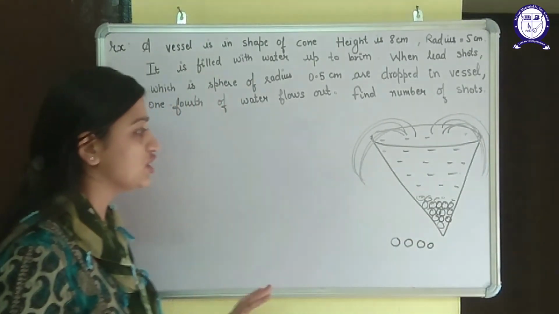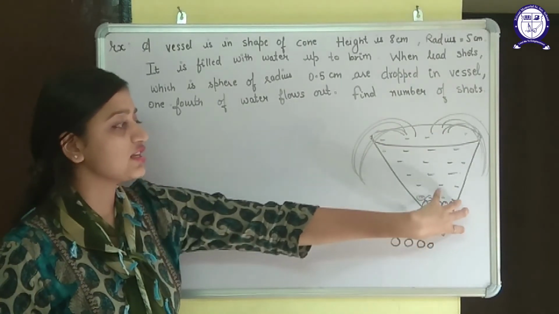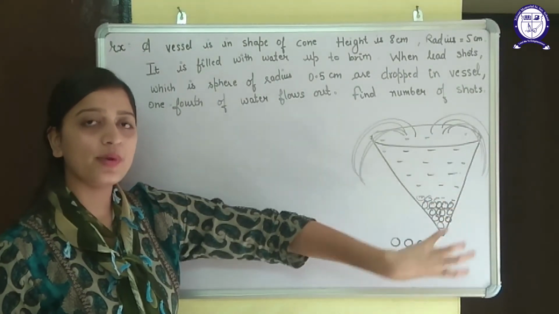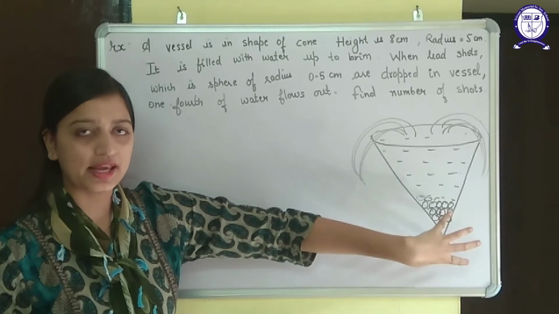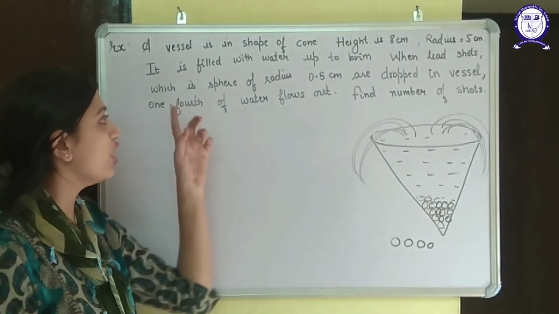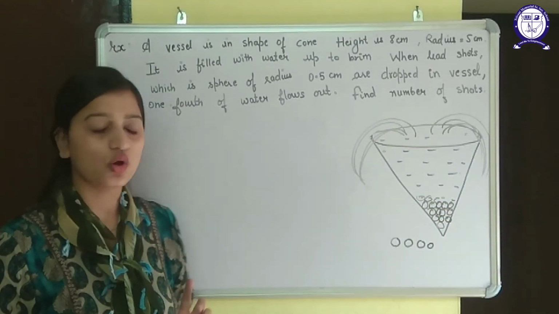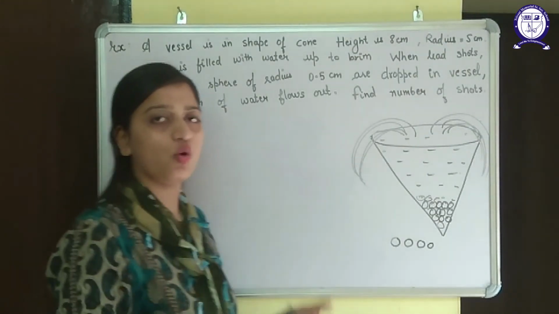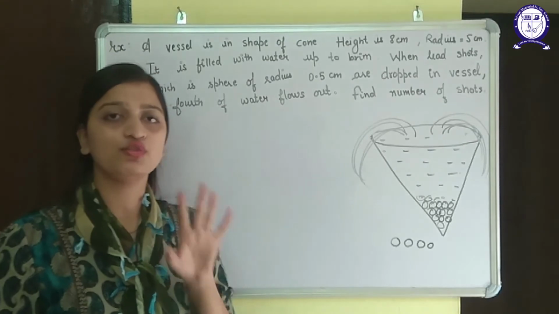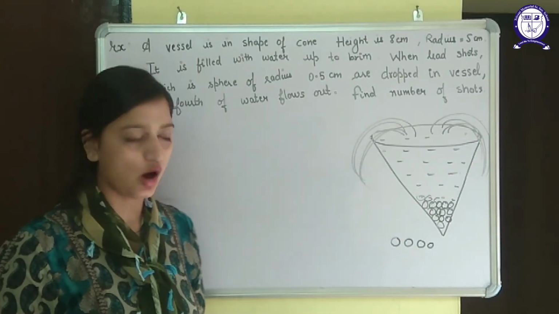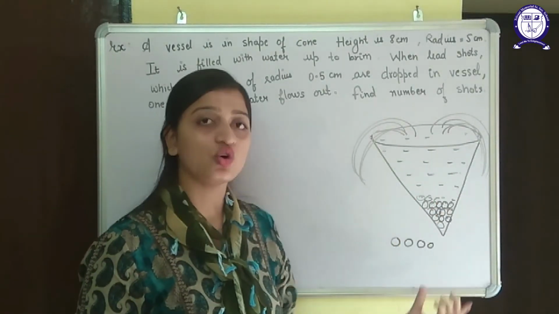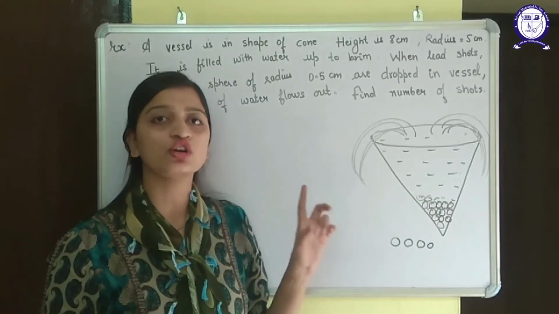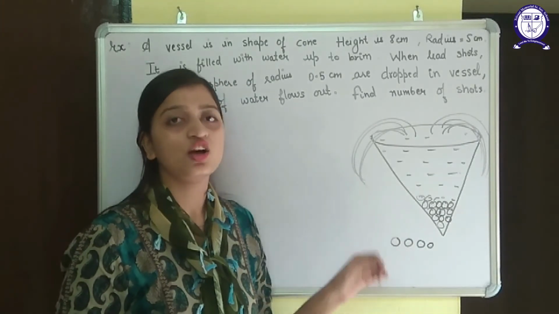So look at the question. These spheres are occupying the same space as the 1/4 of the water. Okay, it is filled with water. When I am putting lots of shots into it, only 1/4 water is flowing out. It means that these shots are covering the 1/4 place in this cone.